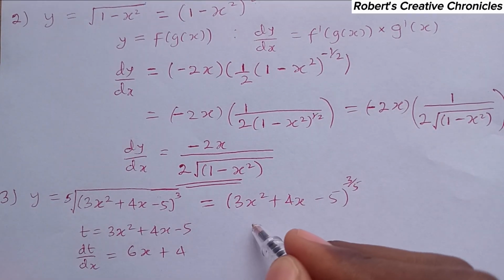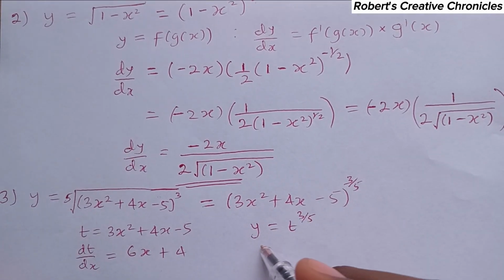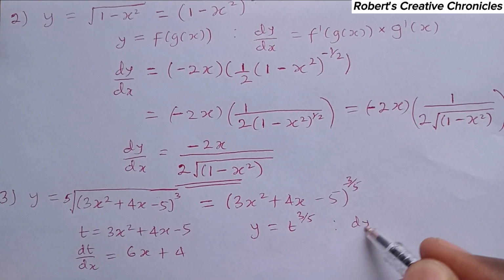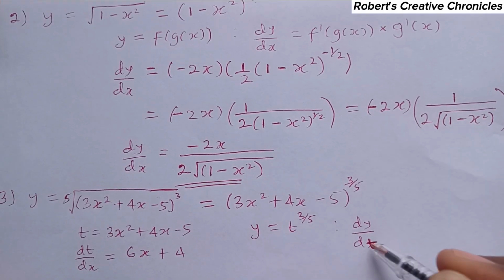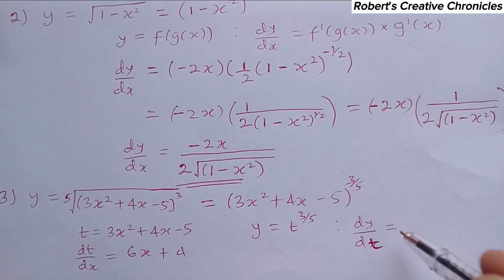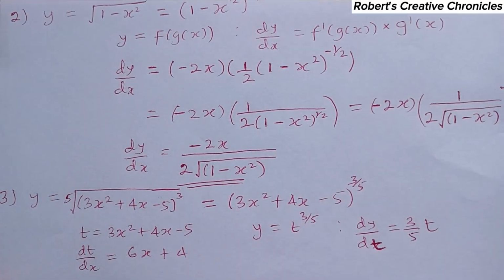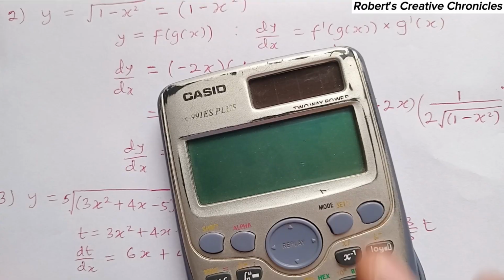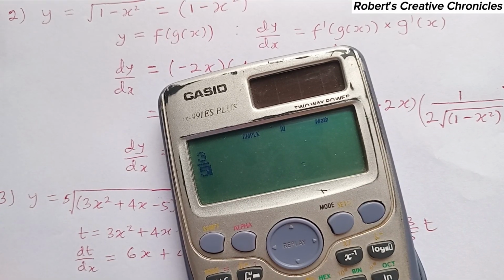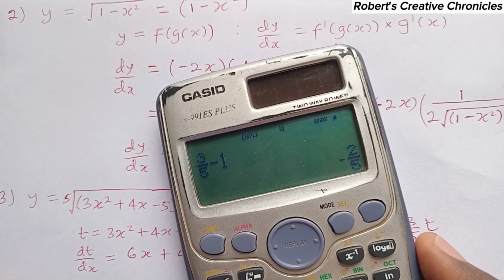Then y now will be equal to t to the power of 3 over 5. So the derivative dy over dt is equal to 3 over 5 t, then 3 over 5 minus 1, which is negative 2 over 5.